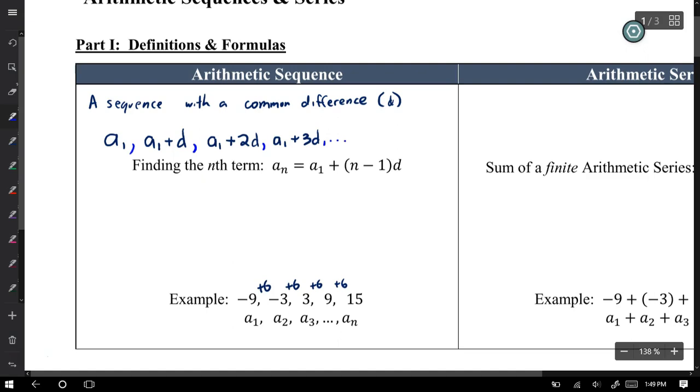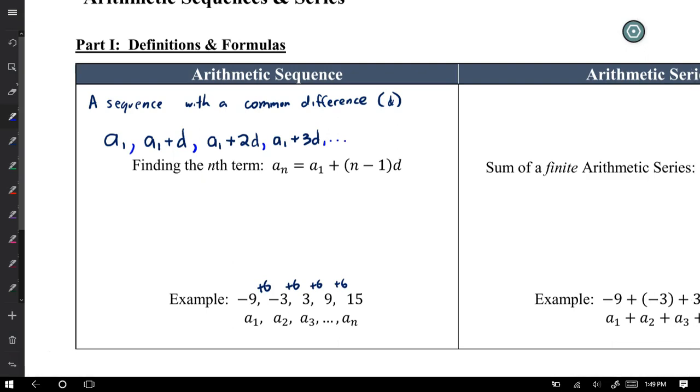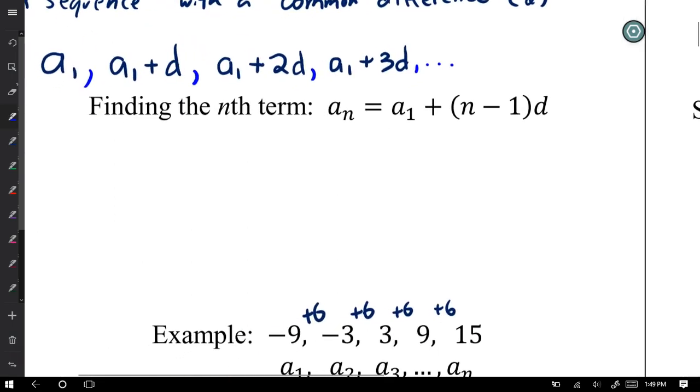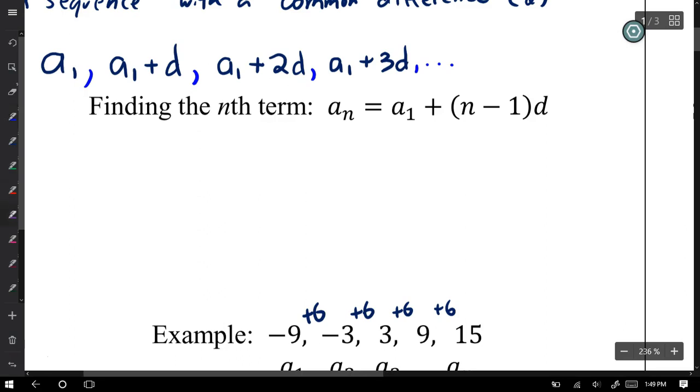The overall formula for an arithmetic sequence is a sub n equals a1 plus the quantity n minus 1 times d. So a sub n is the nth term. n, we can think of as the term position.